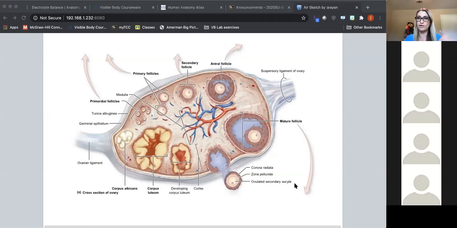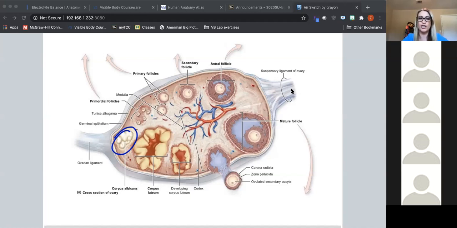However, if fertilization and implantation did not happen, the corpus luteum will not get the signal that implantation is happening, and therefore it will stop releasing progesterone and estrogen. It will become corpus albicans, and the drop in hormones from the corpus luteum would cause the release of the uterine lining.